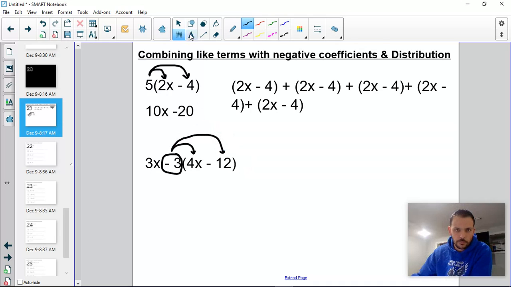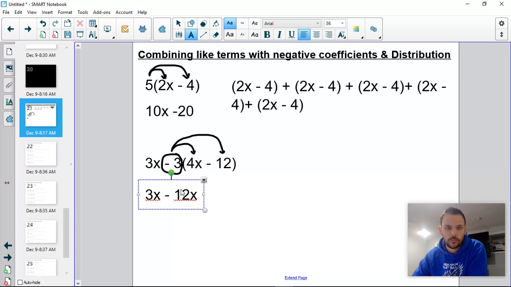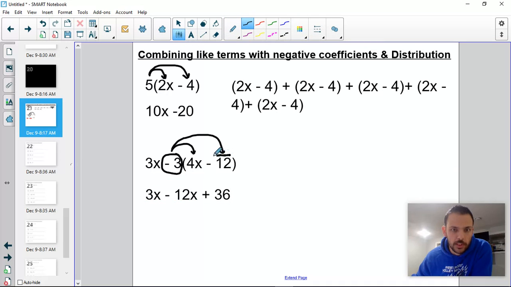All right, so down here then I have 3x, negative 3 times 4x is minus 12x, and negative 3 times minus 12 is going to be plus 36. All right, I'm treating this as a negative times a negative because it had a minus 12. So again, right, it's really important that when we're multiplying here, we're including the sign in front of the number.